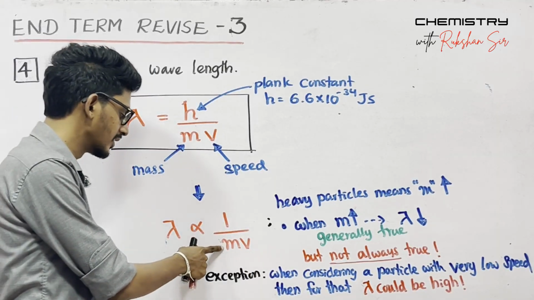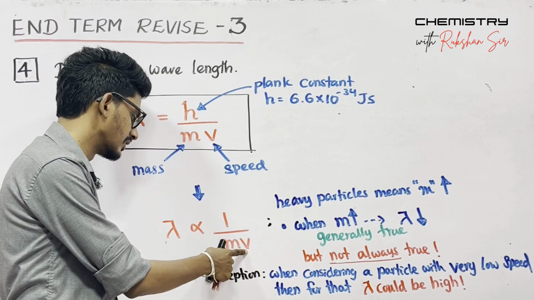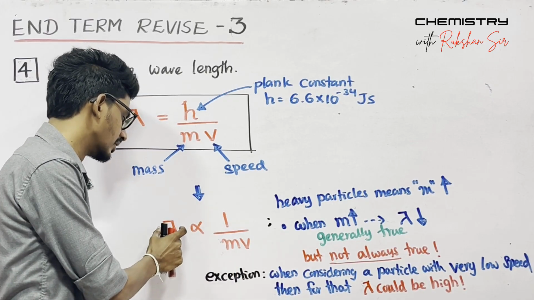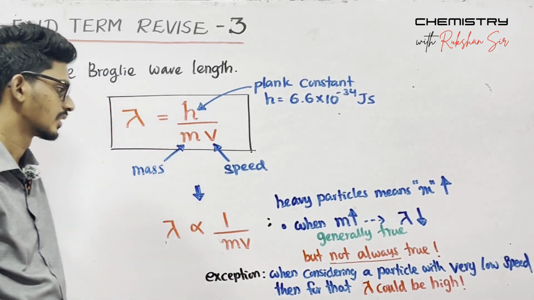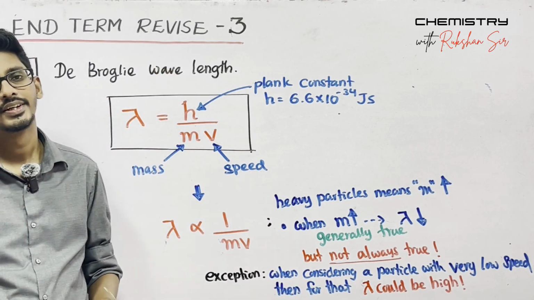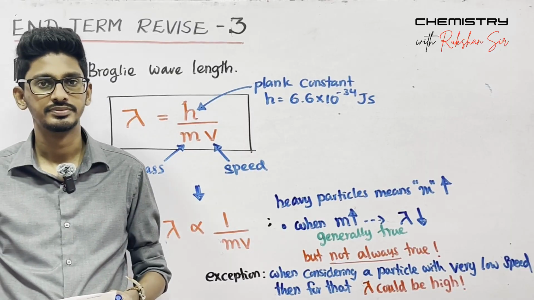Even though this is 1000, if the velocity is 10 to the power minus 9 or minus 10, then lambda will be a higher value. Not only the mass matters for the de Broglie wavelength, speed also matters.